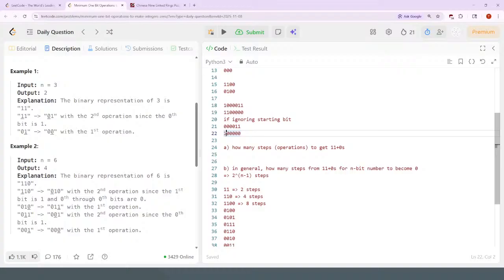So if I want to get this thing, then what was the step before this? Probably the step before this was like 1 0 0 0 0 1, which made it become 1 all zeros.